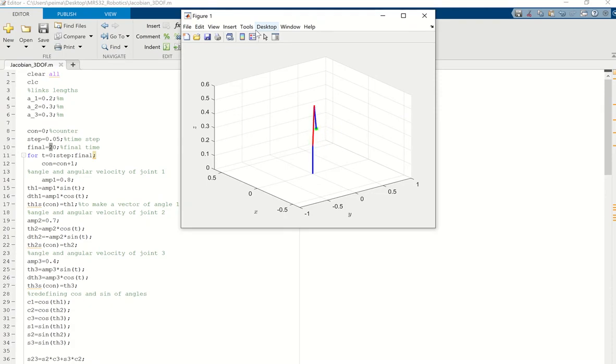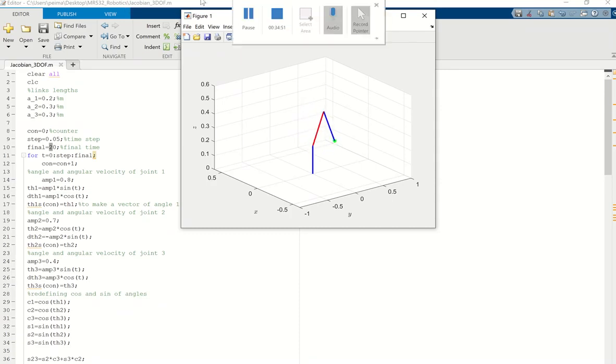It's coming down, crossing, going X, Y, Z, and here we go. Okay, so I'm going to stop it here.